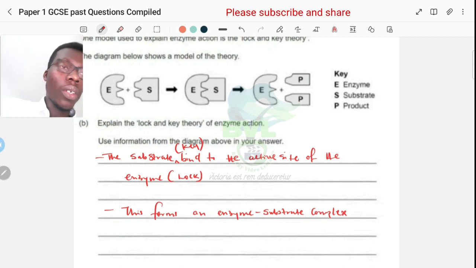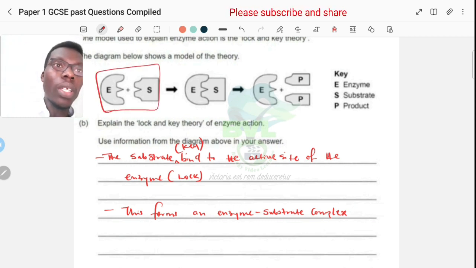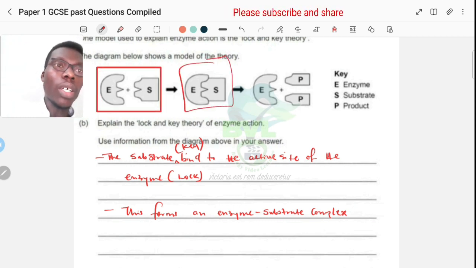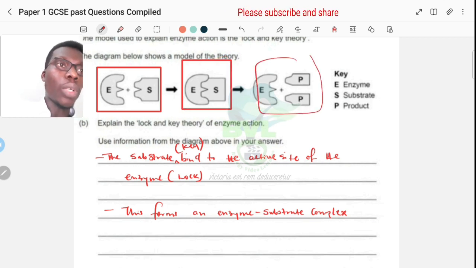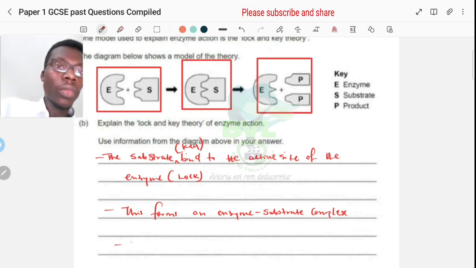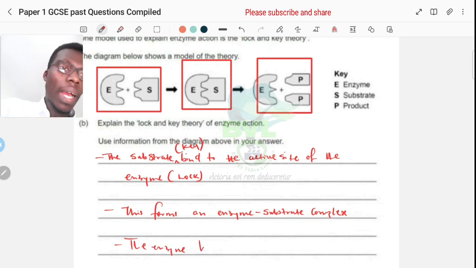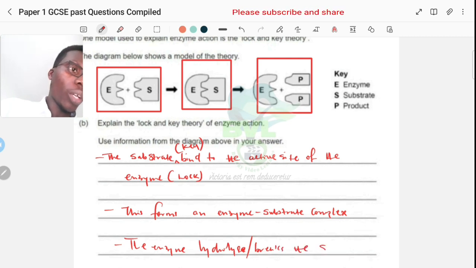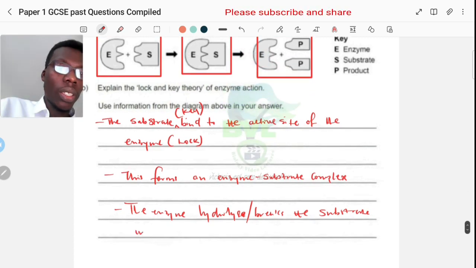All right, we've talked about this now. This is the second point. The third point is the enzyme hydrolyzes, or breaks, the substrate into subunits.